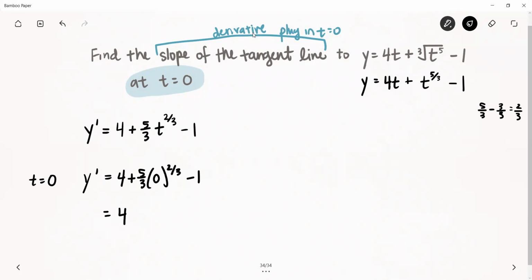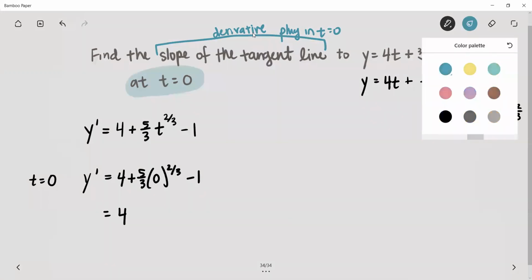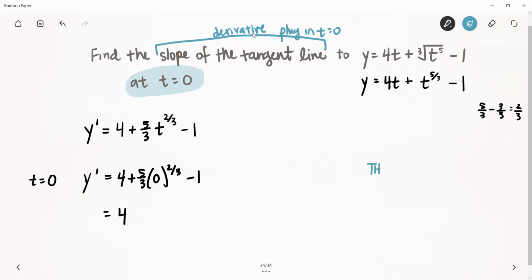Well, if we think about that, 0 to anything, as long as it's not, well, actually, you know what? We should think about that a little bit. So if I had 0 to the 1st, that'll be 0. If I had 0 to the 2nd, 0 times 0, which is 0.